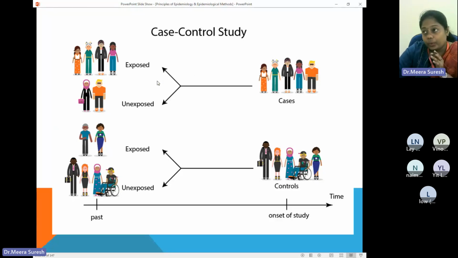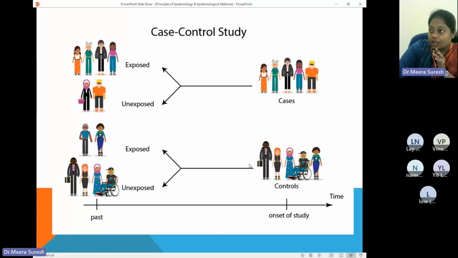If we are taking only one risk factor, that is smoking, you are going to categorize how many people among these cases, the people who have lung cancer, were exposed to smoking and were not having the habit of smoking, and how many were not exposed to smoking.